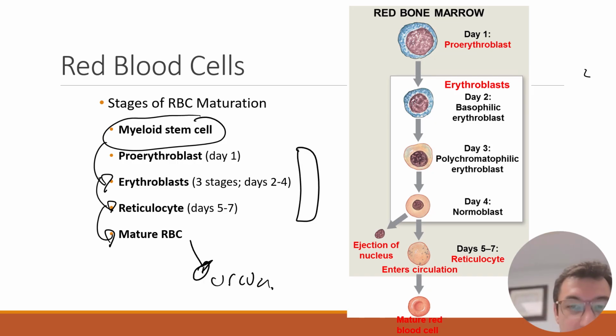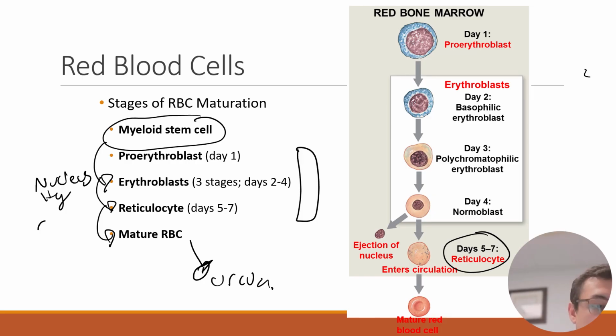There are different stages of the erythroblast, but the idea is that once you are done creating the hemoglobin, then you will go into a reticulocyte. That reticulocyte will not have a nucleus. So the erythroblast has a nucleus because it's producing hemoglobin, and the reticulocyte doesn't have a nucleus.